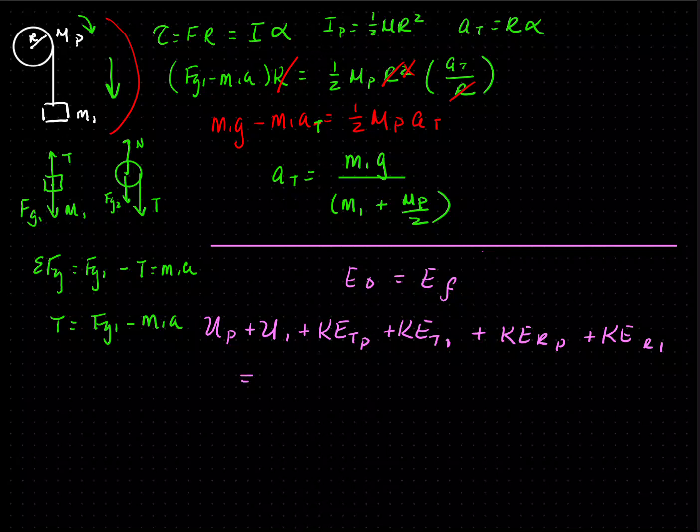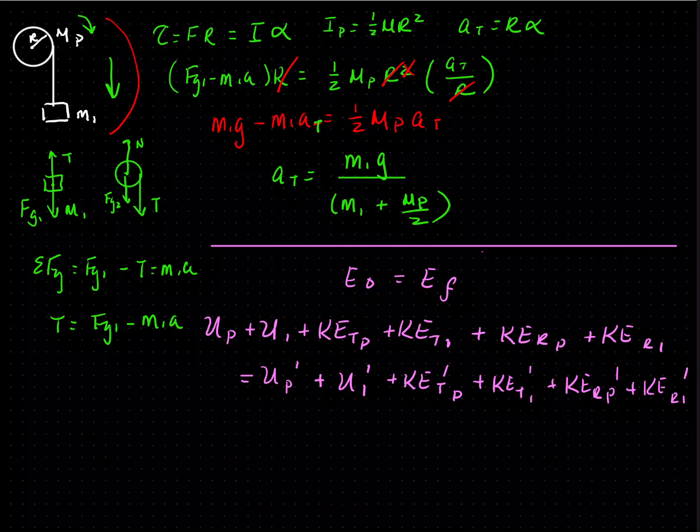The final energy could be the potential energy of the pulley prime, because it's different from the initial, potential energy of the box prime, the kinetic energy translation of the pulley prime plus the kinetic energy translation of the box prime plus the kinetic energy rotation of the pulley prime plus the kinetic energy rotation of the box prime.